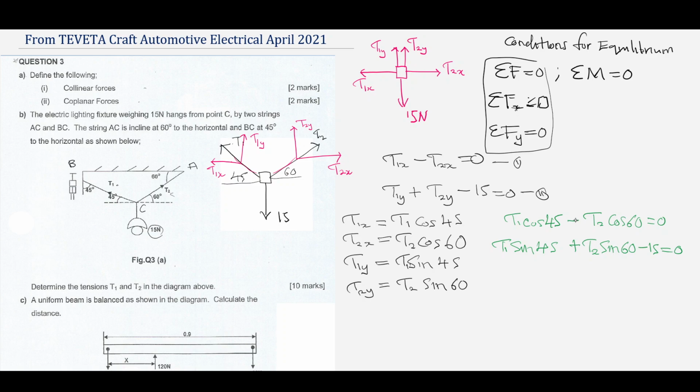simultaneously. So on the first equation we can make either T1 or T2 the subject of the formula. So we're going to make T1 the subject. So here we're going to have T1 cos 45 is equal to, so when T2 cos 60 crosses the equal sign, it will be positive.